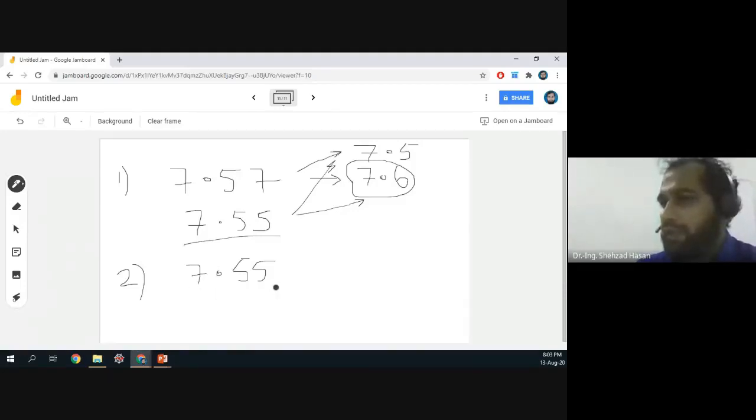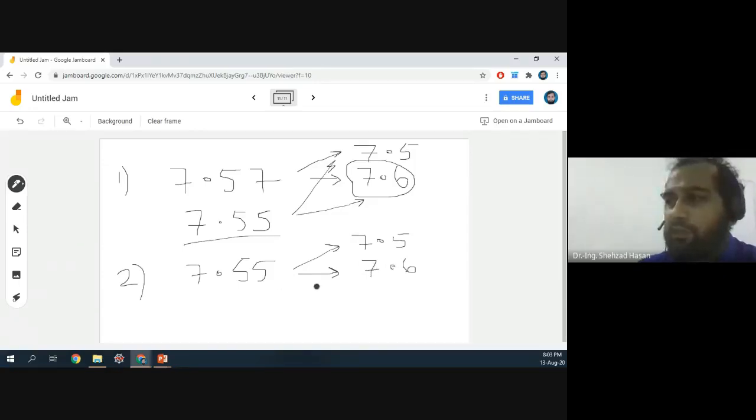So in this case, 7.55. If you talk about two numbers here like 7.5 and 7.6, the even number is going to be considered as 7.6, right? So if there is a tie, go for the even number, 7.6.